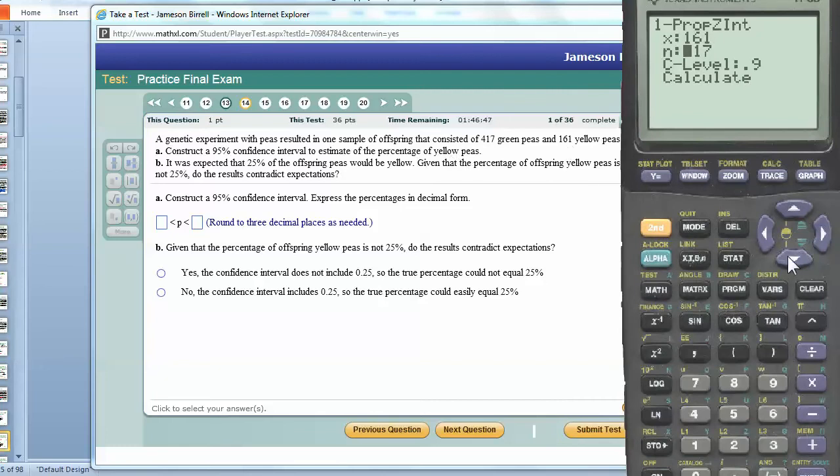You also need n. The nice thing about the calculator is you can put 417 plus 161, and it'll just add it for you. Then you have your confidence level that you're choosing. We're going to have a 95% confidence, and you calculate. So there it is, and we're going to do 3 decimals. That works out well, 0.242.